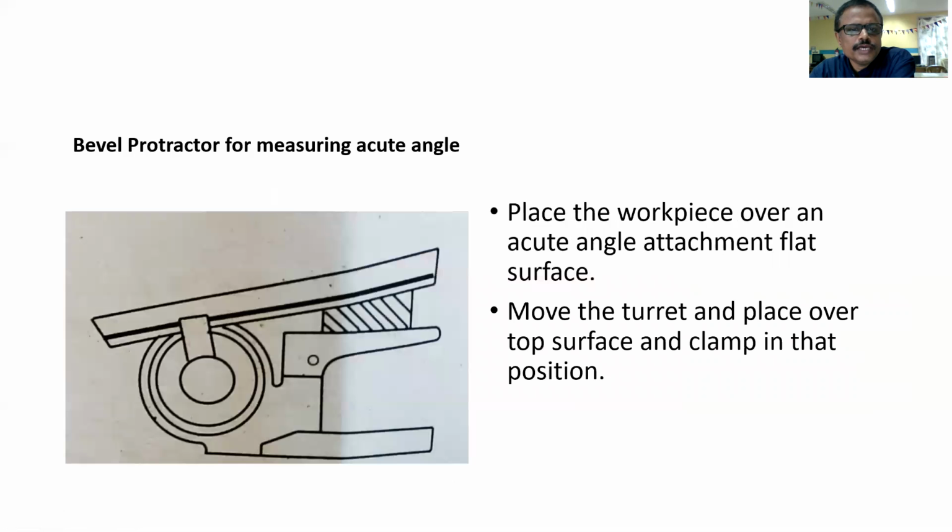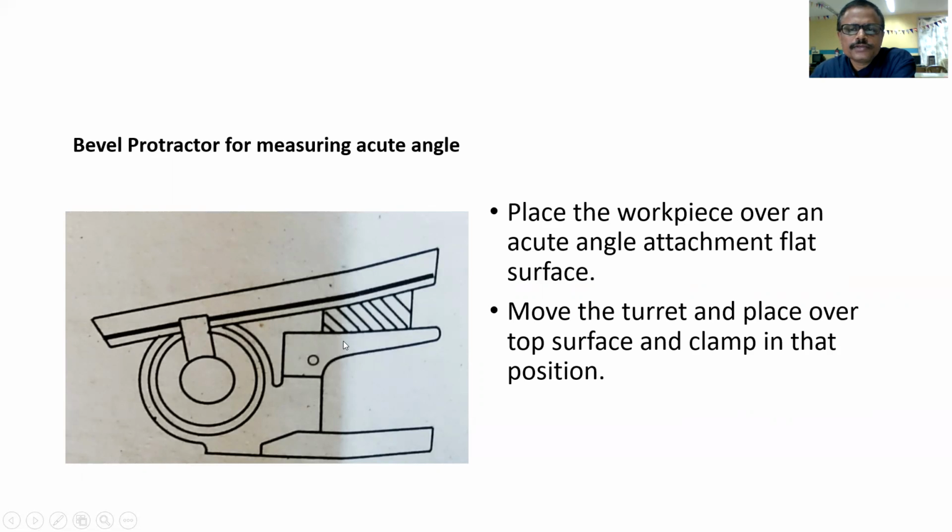The same can be used here. We have seen the acute angle attachment, and how the acute angle can be measured is seen in this diagram. This is the acute angle attachment, and this is the workpiece, placed over the acute angle attachment.